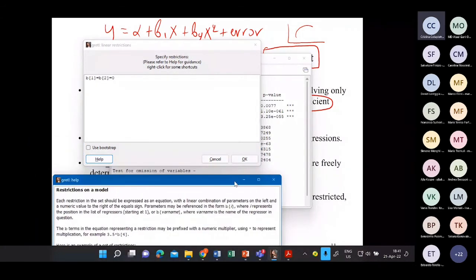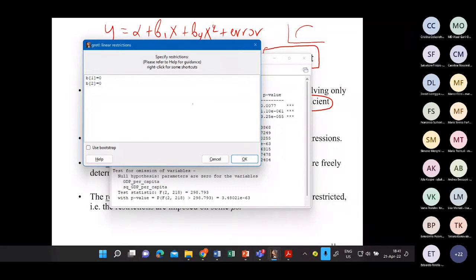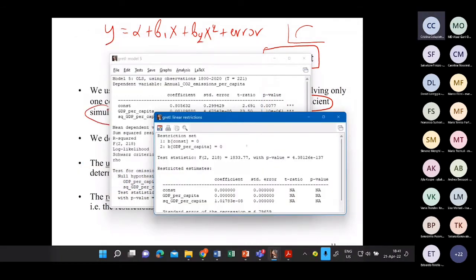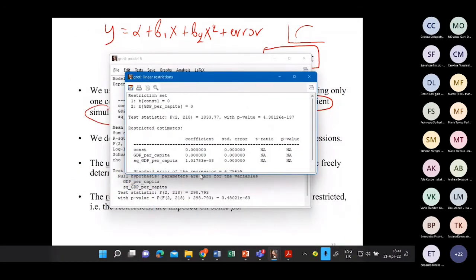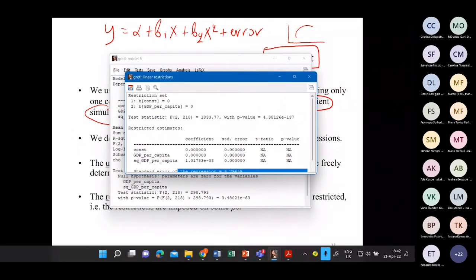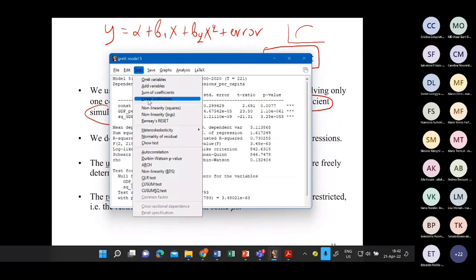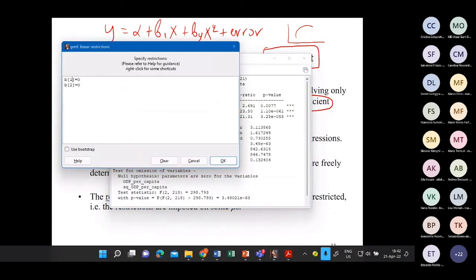Okay, we're dealing with that. The name of the variable inside the parentheses, not one or two. You can do it like this, for example beta 2, beta 3.